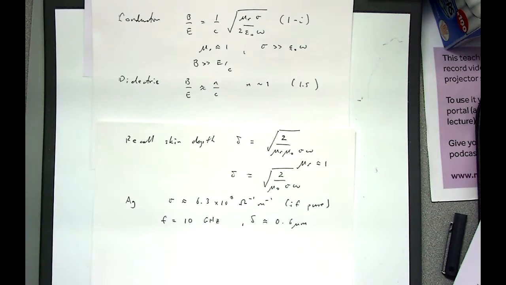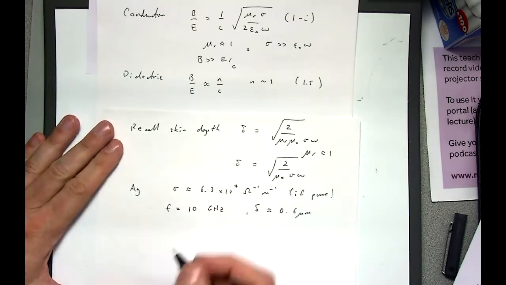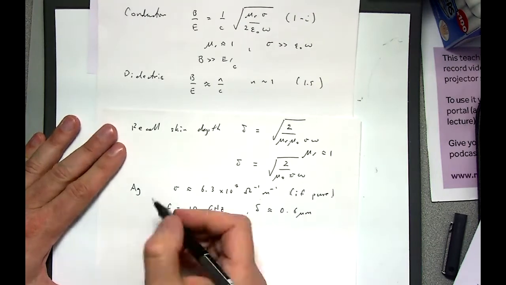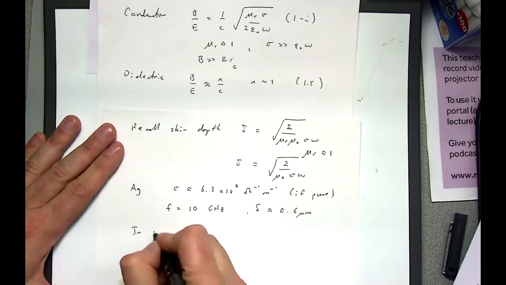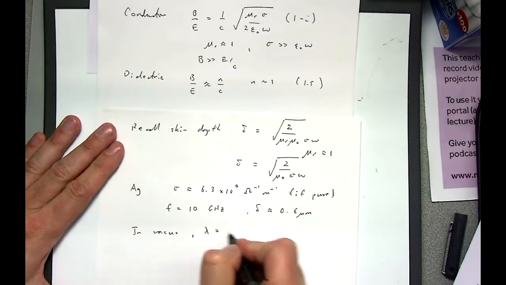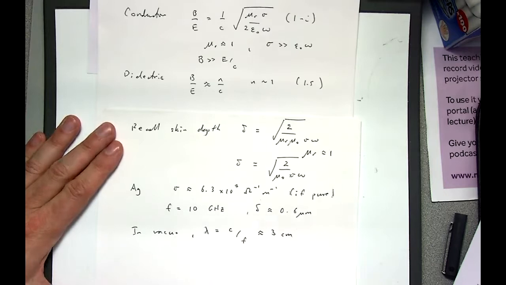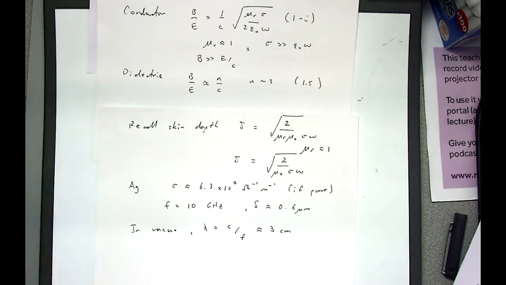So electromagnetic radiation of 10 gigahertz basically doesn't travel very far into a piece of silver. But let's calculate what the wavelengths are. So remember, it's the frequency that remains constant. So the vacuum wavelength, so the in vacuo wavelength, is C over F. This is what you would say would be the wavelength of 10 gigahertz radiation.